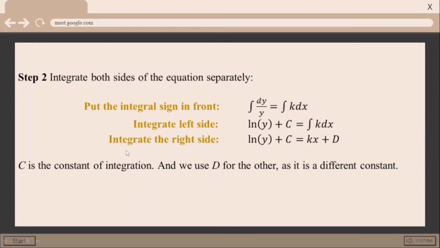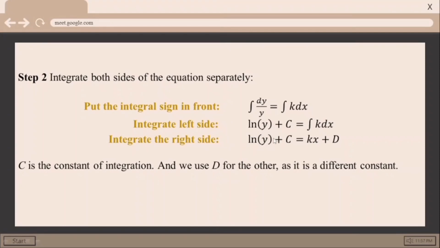So here we're just going to first integrate the left side. I believe that everyone already has a good foundation when it comes to integration. So by integrating dy over y, it will equal ln of the quantity y.